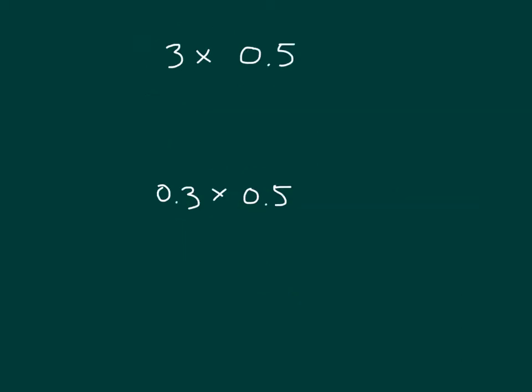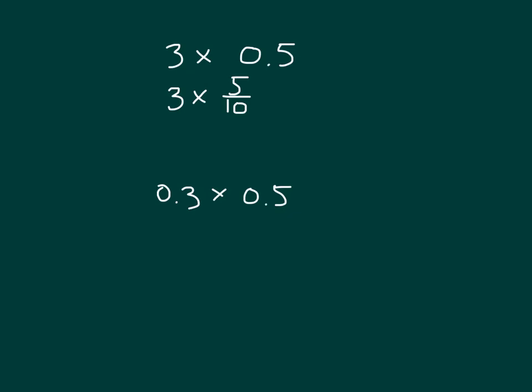Let's take a look at two expressions that are actually very similar. Here we have 3 times 5/10, and then here we actually have 3/10 times 5/10. 3 times 5/10, let's rewrite this as a fraction of 3 times 5 over 10, and then we can evaluate it.